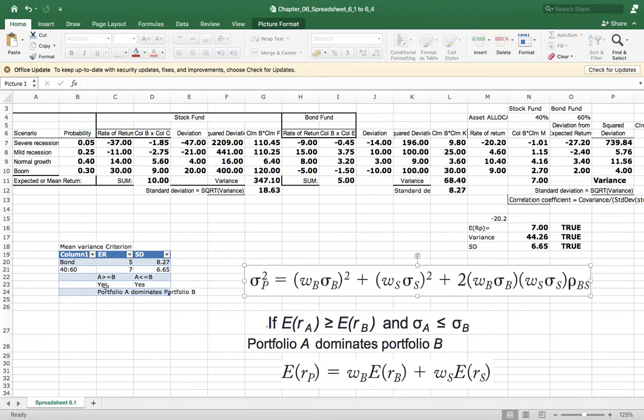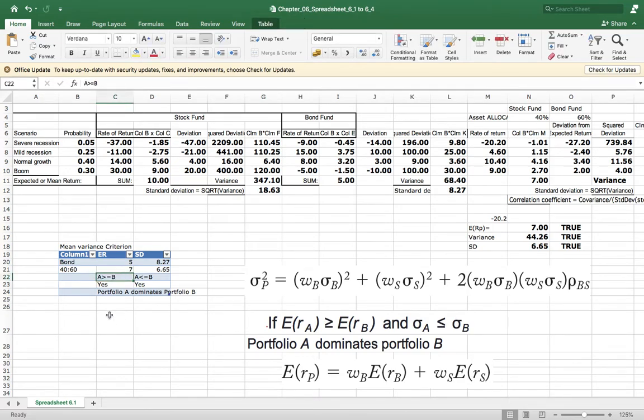If the return of A is greater than or equal to the return of B, but the standard deviation of A is less than or equal to that of B, then portfolio A will dominate portfolio B. You see, return of A is greater than return of B, yes, and standard deviation of A is less than standard deviation of B, yes. Then portfolio A dominates portfolio B. Or here, portfolio B dominates portfolio A.